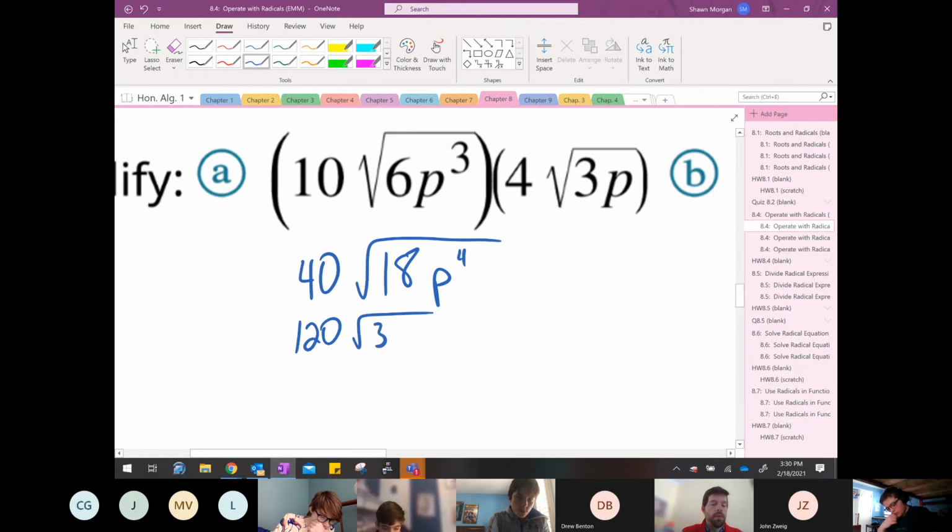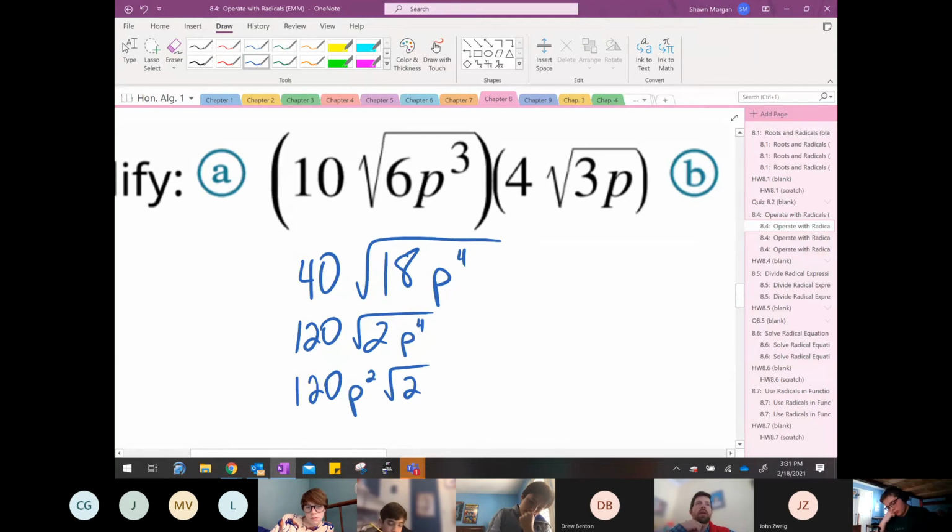So there we had a 2 and we got a p to the 4th left over. James, how do I simplify p to the 4th down? What squared would give you p to the 4th? P squared. Very good. So we got 120 p squared and then square root of 2 left over.